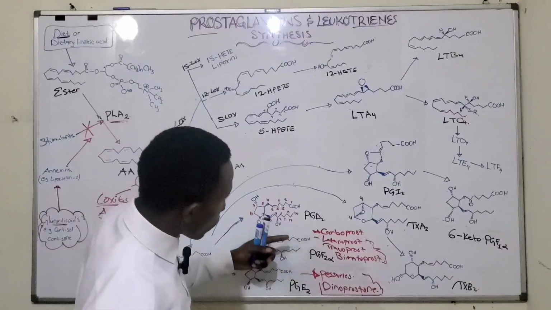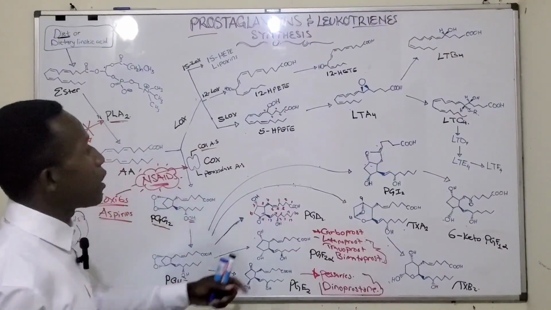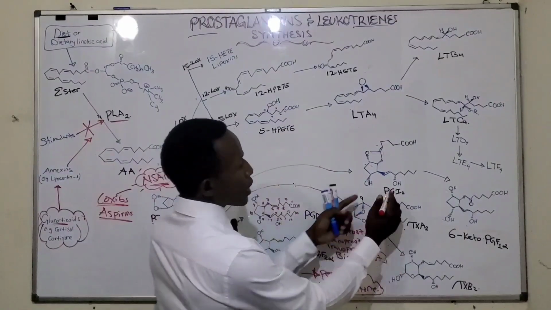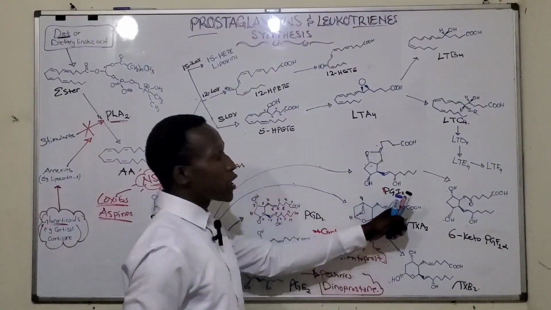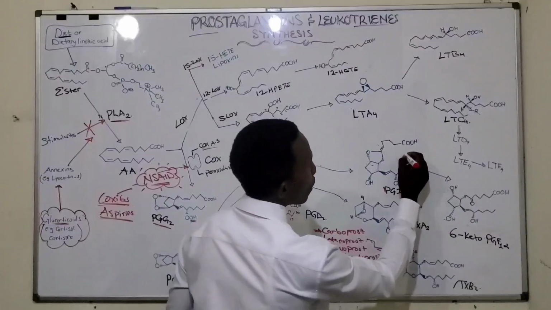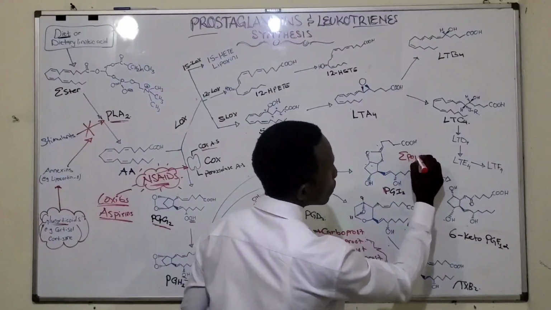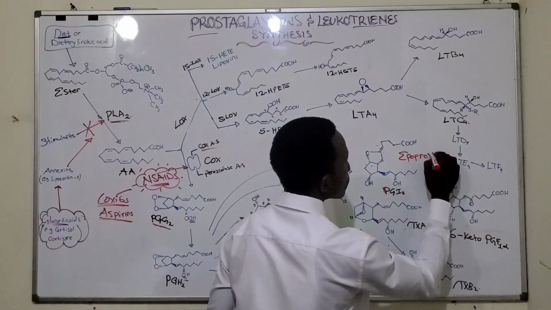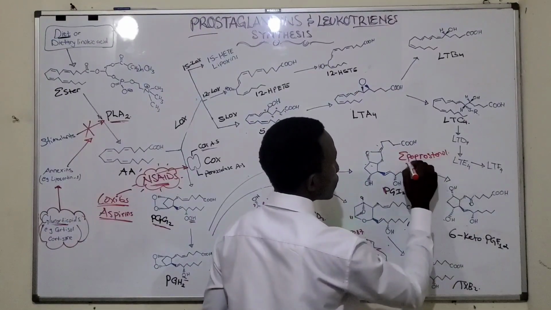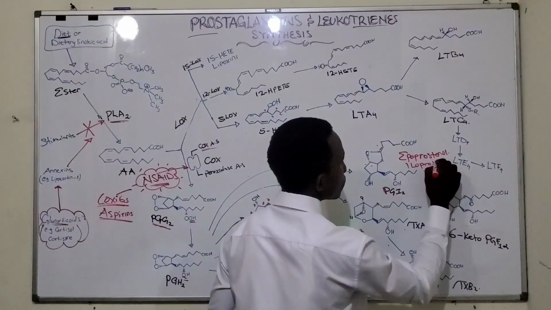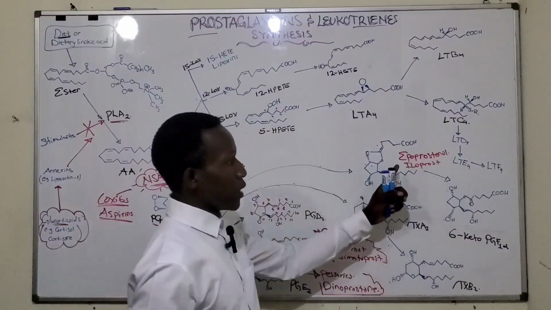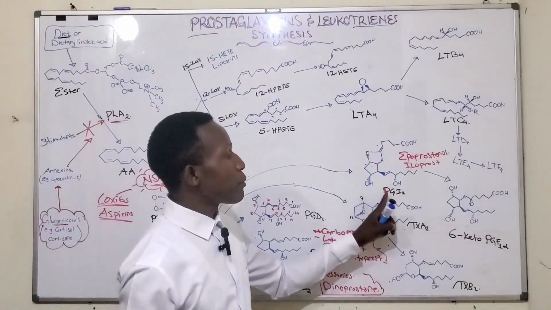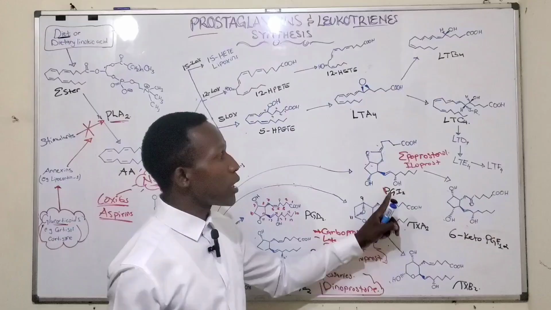Then we have other drugs, like prostaglandin I2, the prostacyclin, epoprostenol and iloprost. These drugs are agonists of prostaglandin I2, the prostacyclin.